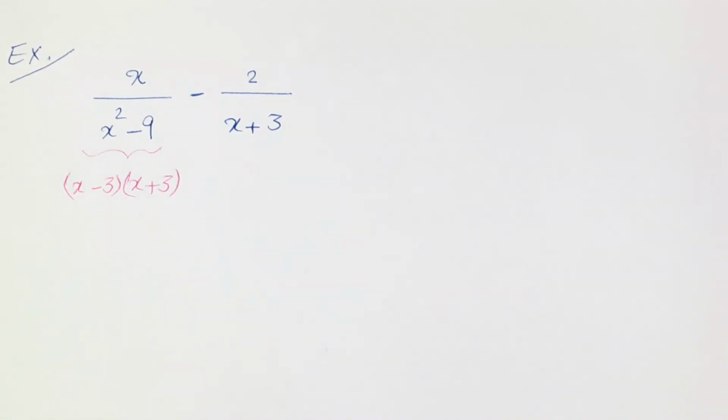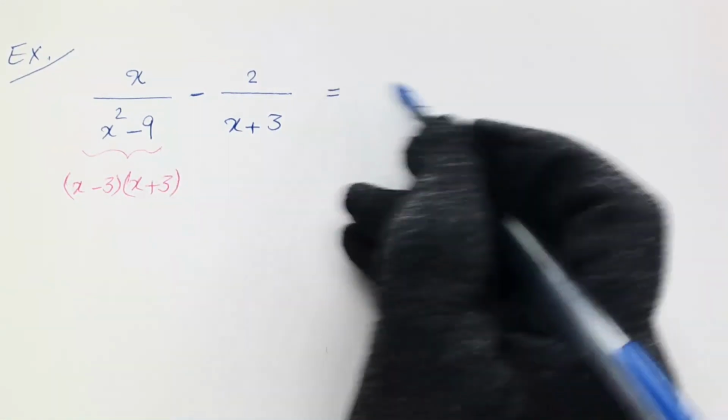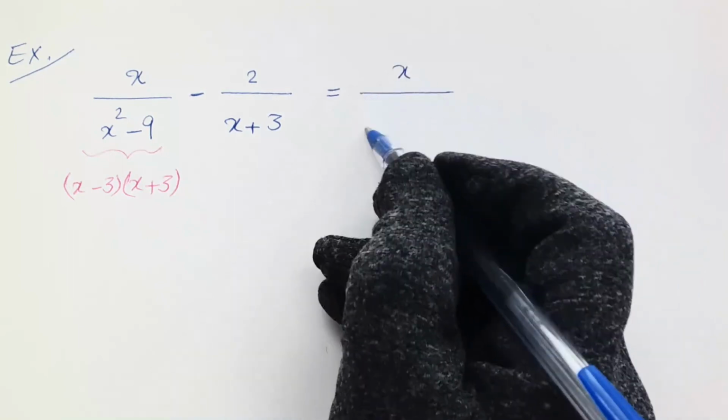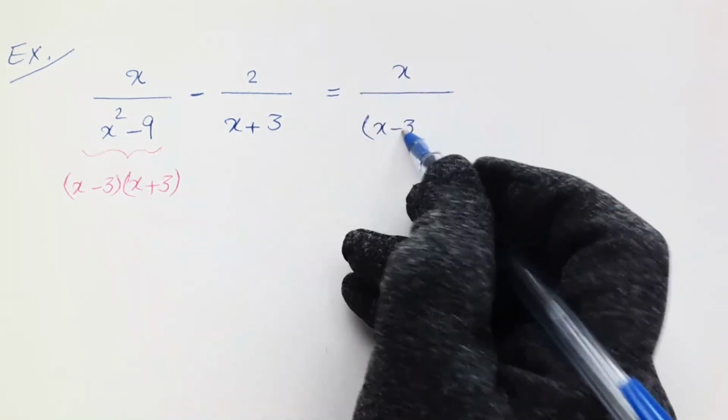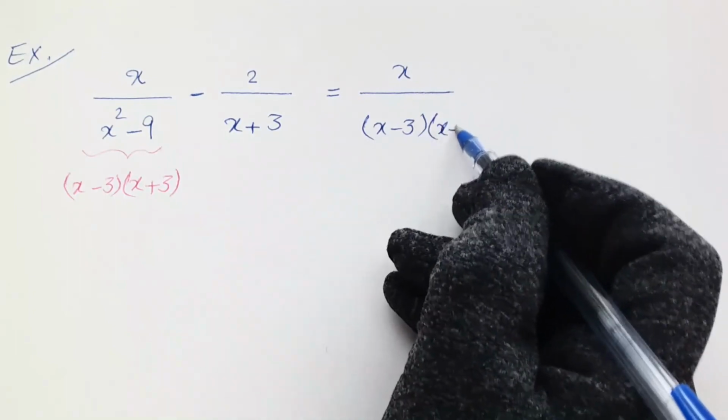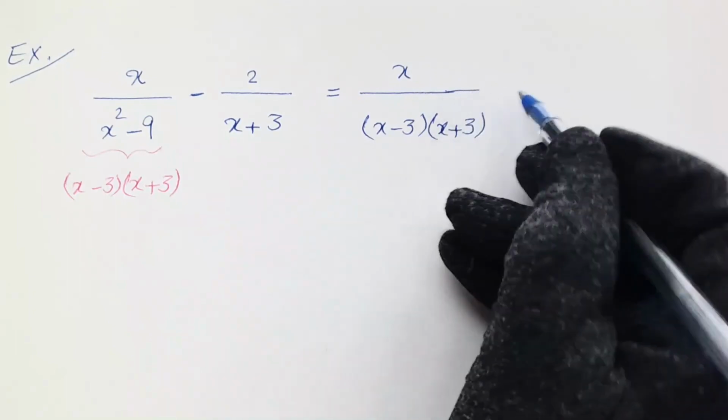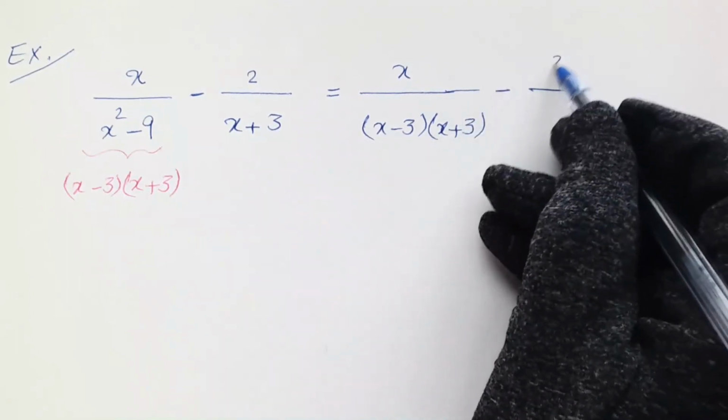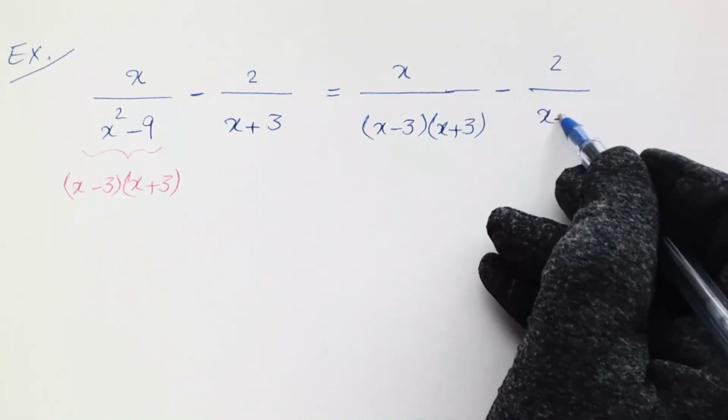So if I rewrite this fraction, this is x over x minus 3 times x plus 3, minus the second fraction 2 over x plus 3.